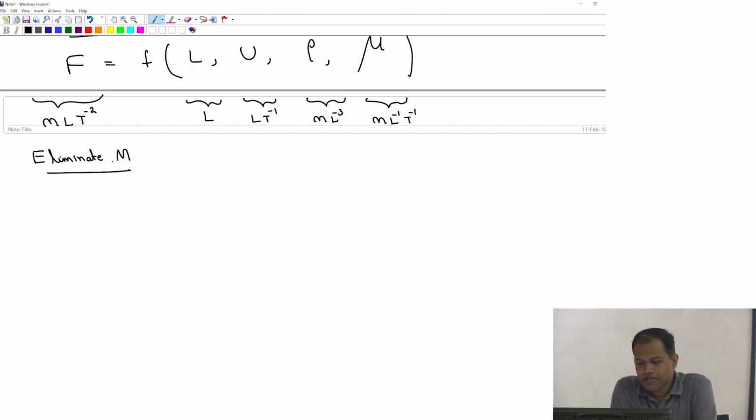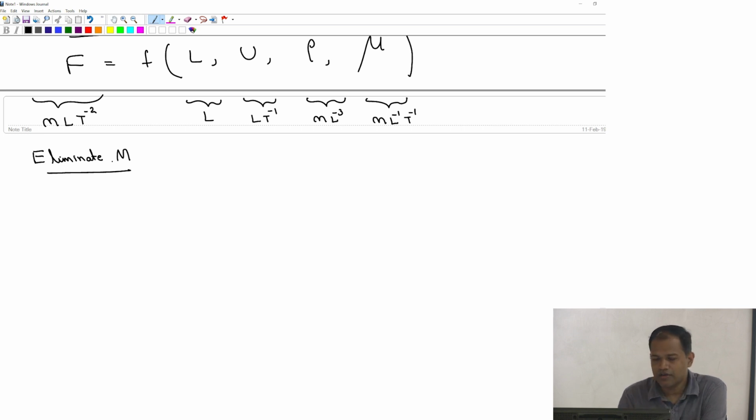So, if you want to eliminate mass, you can select a variable which contains mass and then divide appropriately. For example, in this case, let's say we have mass in force, density and viscosity. We can select any of them. The simplest is probably density. So, I will use density to eliminate mass from all variables that contain mass dimension in it.